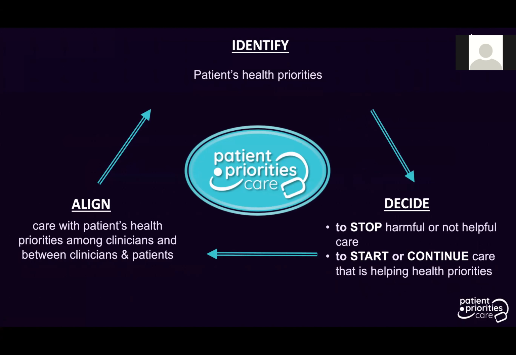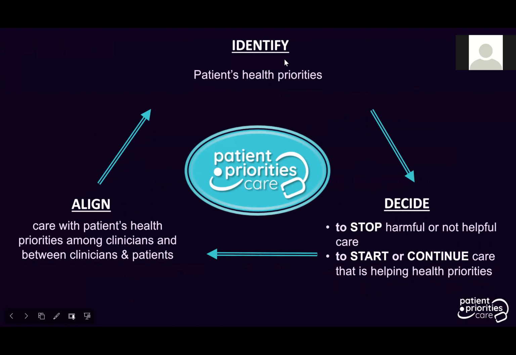There are three steps to patient priorities care: identify, decide, and align. That involves everyone that's part of this process: the patient, their caregiver, and the full clinical team. That's really all of you in the audience. Patient priorities care begins with helping patients identify their health priorities.